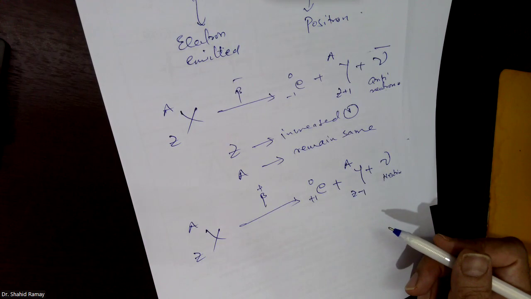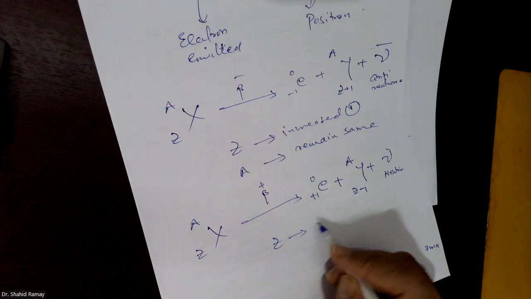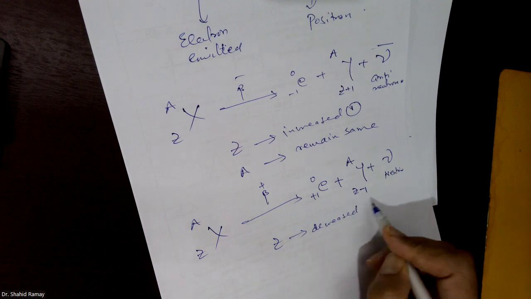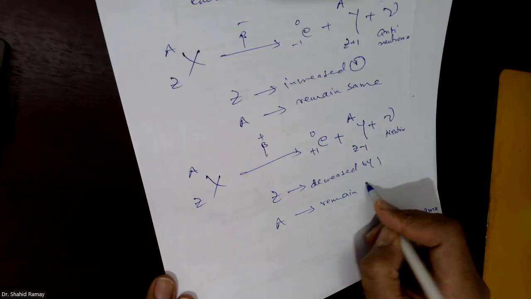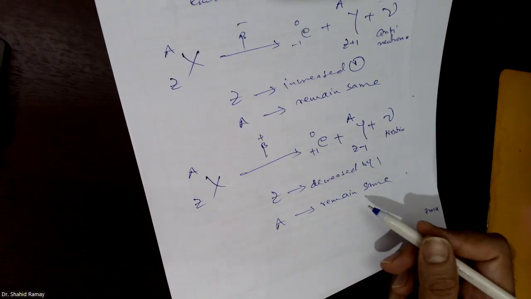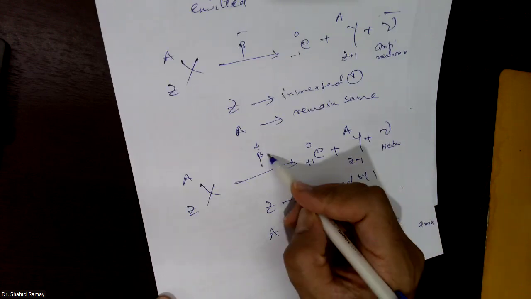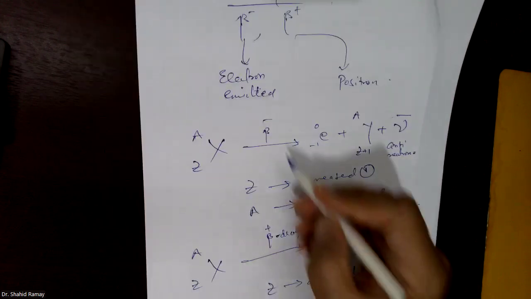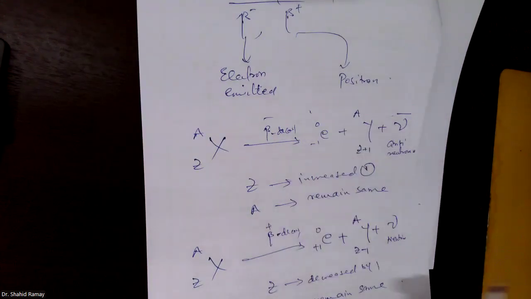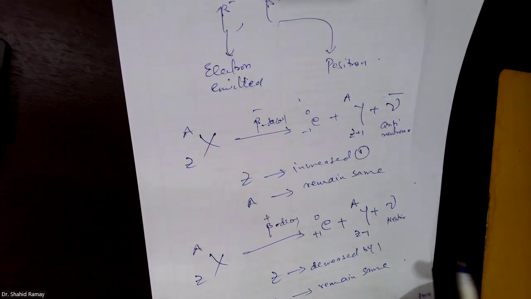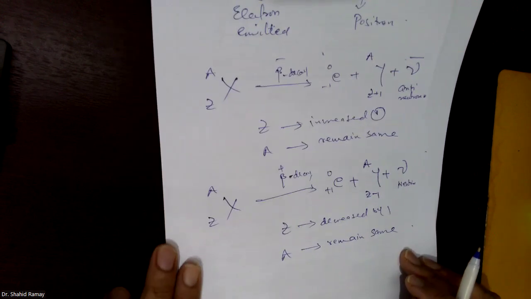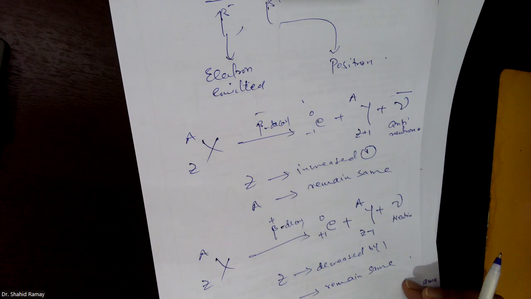So you should remember that here the Z is decreased by 1 and A remains same. So this is in case of beta plus decay. And here it is beta negative decay. So in beta decay, there are two kinds of beta, one is beta positive and one is beta negative. So you should know what kind of reaction exists. This is important. Okay. So in the third case, we have gamma decay.